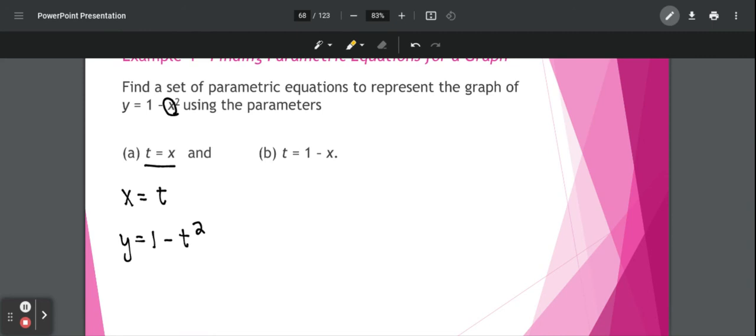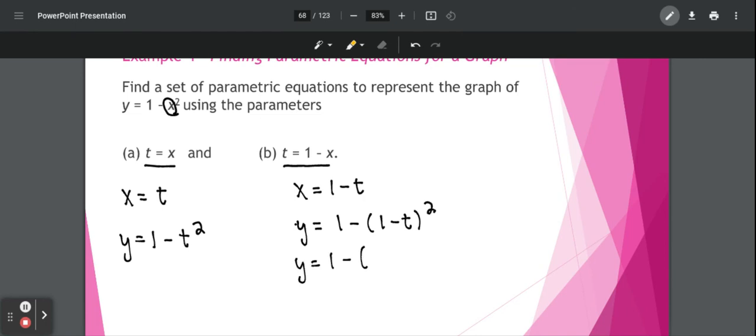For part B, if we solved this equation for x, we would get that x equals 1 minus t. So that would be the first part of our parametric equation. If we substituted that in for the x, we would get 1 minus t squared for the y. Or y would equal 1 minus, if we FOILed this out, we'd have 1 minus 2t plus t squared.